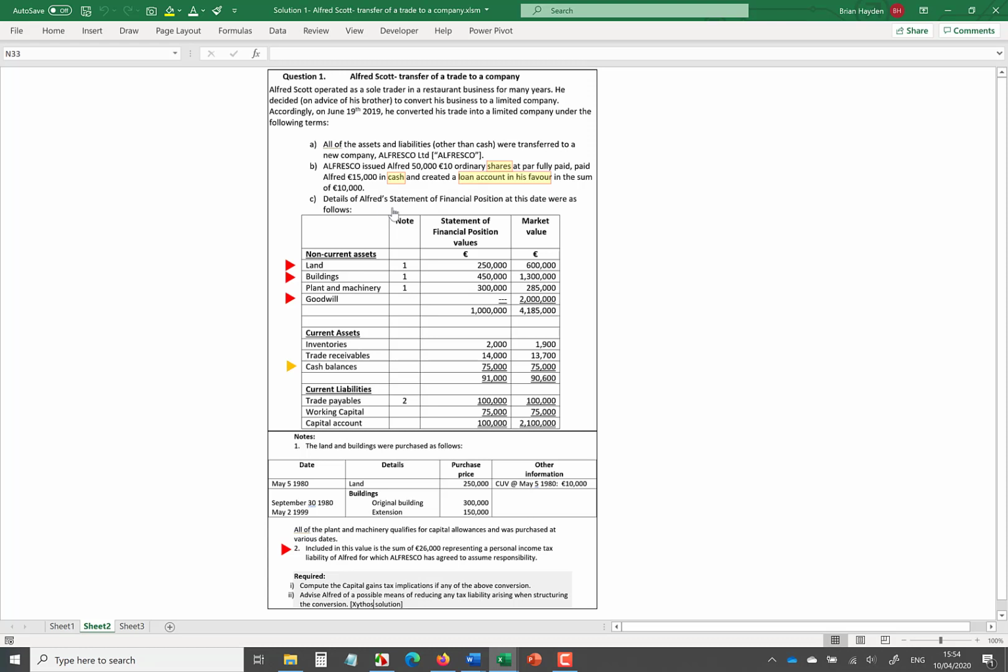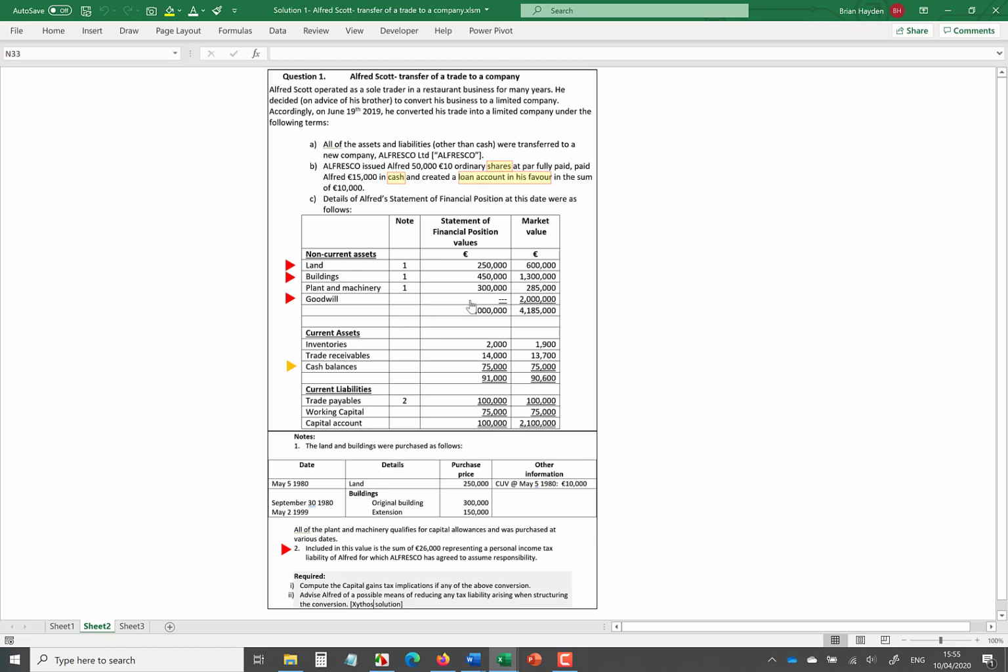Now, you're given details of Alfred's statement of financial position, balance sheet, at the date of the transfer, as follows. There are fairly typical balance sheet elements, and I've highlighted a few of them as they need to be discussed in a little more detail. We've got our non-current assets, buildings, plant, machinery, and goodwill, and these are the carrying values, the accounting book values.